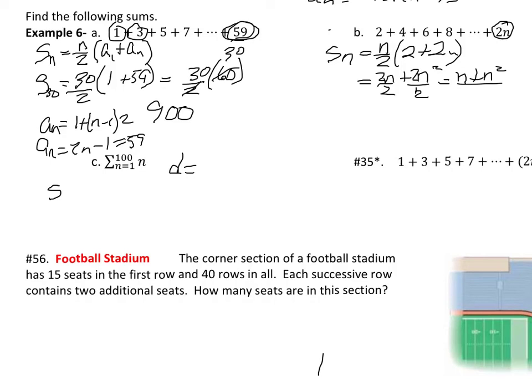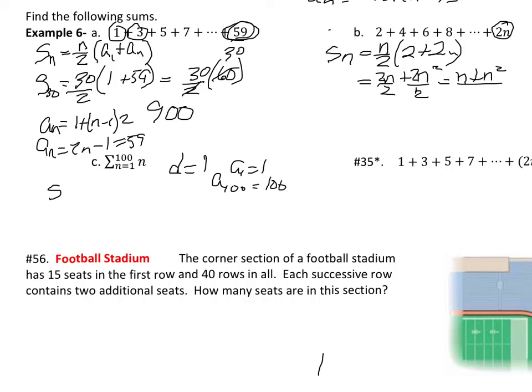If it's just n, the common difference is going to be 1, right? So what's my first term? Good. So a sub 1 is 1. What's my 100th term? Right. If it's a sub 100, then it's 100. Good. There's our first term and our last term.